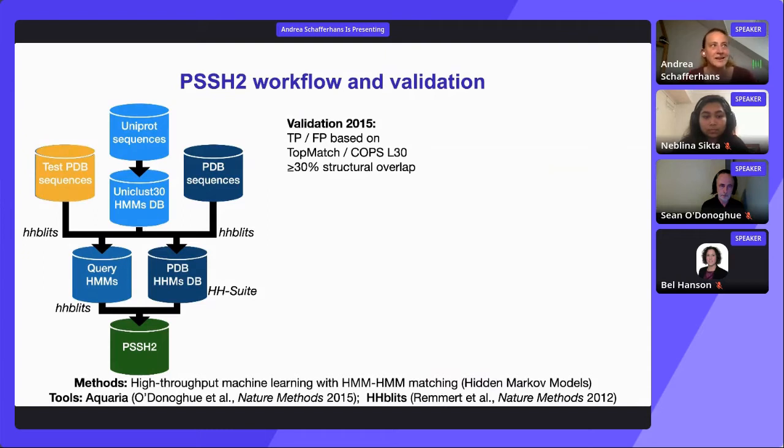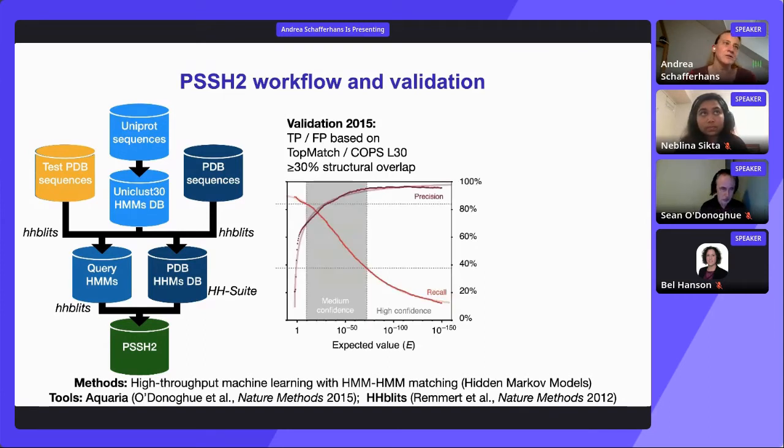And we also validated this tool to find out which parameters are best. We did that by using a database of structure-to-structure alignments, which is based on a purely structure alignment mechanism. There is no sequence information in there. And we took all the proteins that have at least 30% structural overlap as true positives.